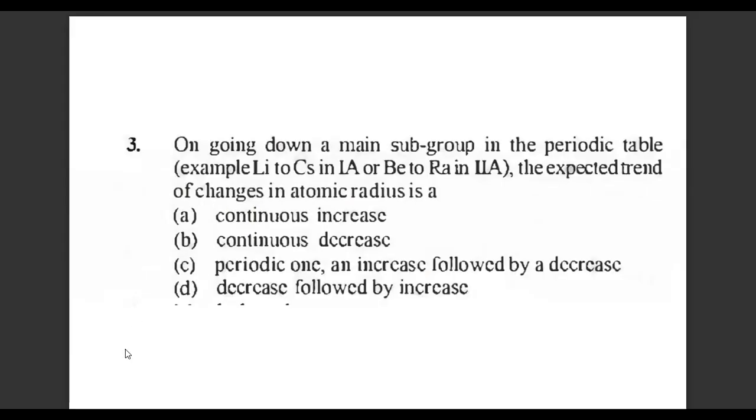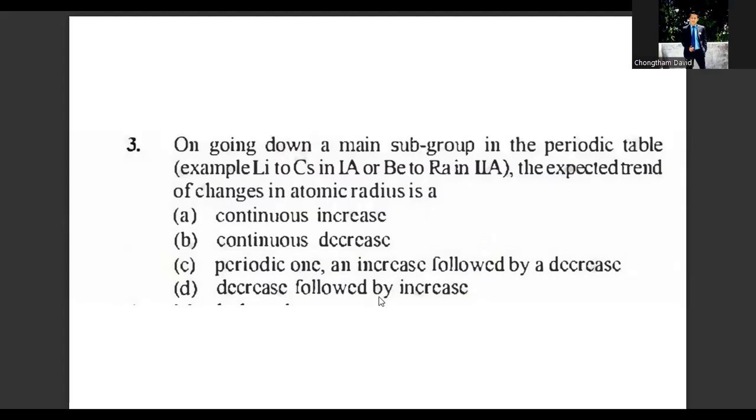Question number three. On going down a main subgroup in the periodic table, for example lithium to cesium in group 1A, beryllium to radium in 2A, the expected trend of change in the atomic radius is a continuous increase, decrease, periodic one, an increase followed by a decrease, or a decrease followed by an increase.